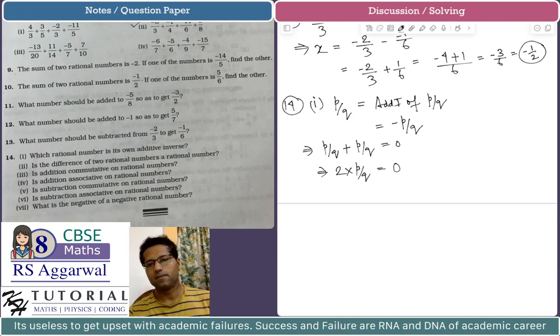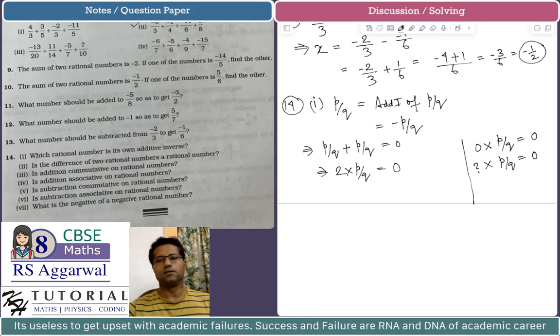When you multiply, the concept is 0 multiplied with any rational number always gives 0. Now, if you have something like this, question mark multiplied by a rational number p by q or whatever is 0, then you can obviously say that this question mark is 0.